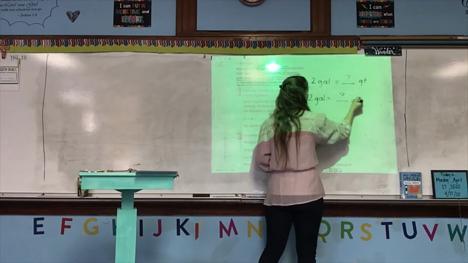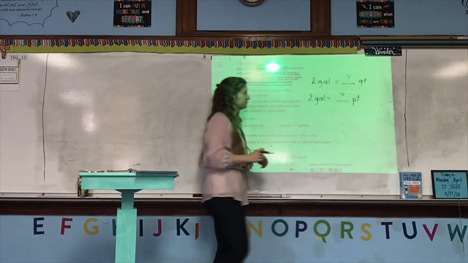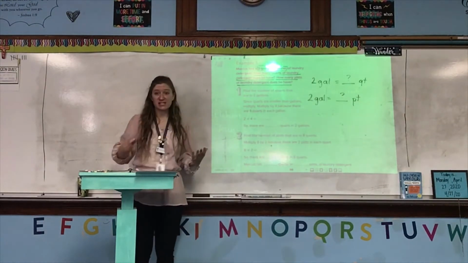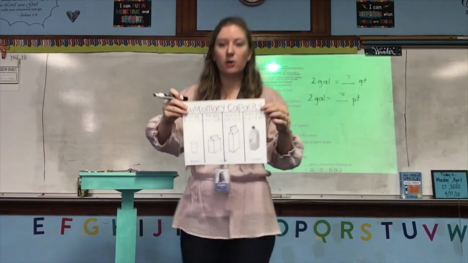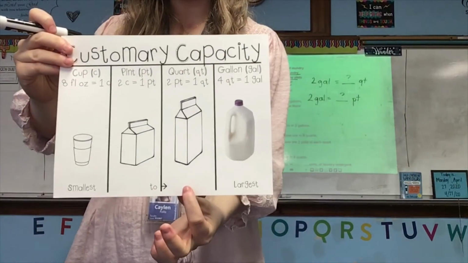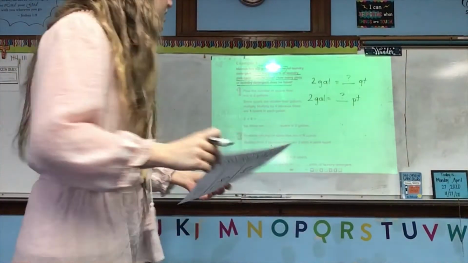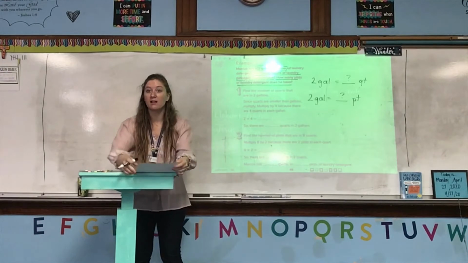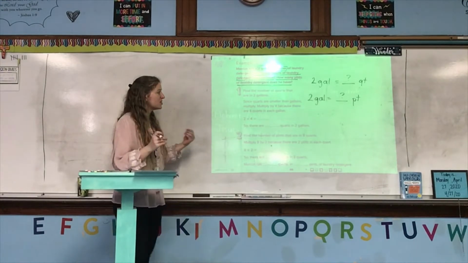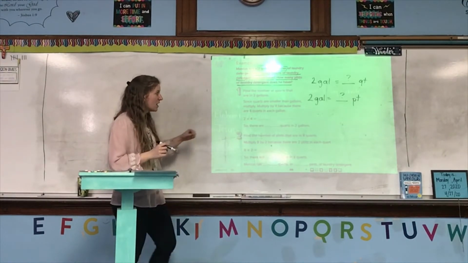So the first step, if we look at our chart, we know that gallons and quarts are right next to each other. So that is the one that we will have to do less steps for. So let's go ahead and do that first.